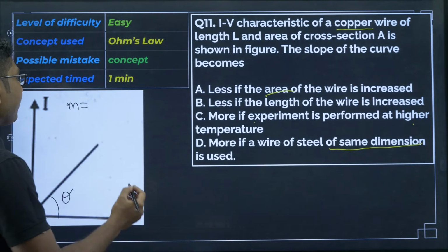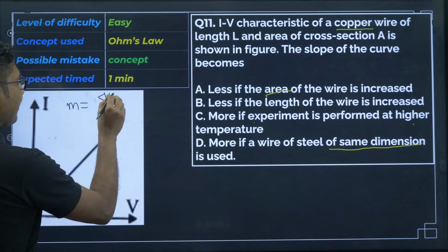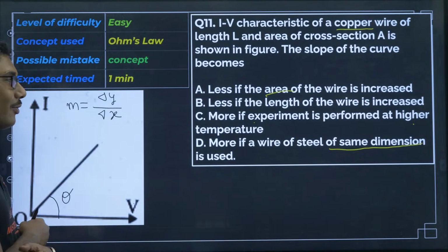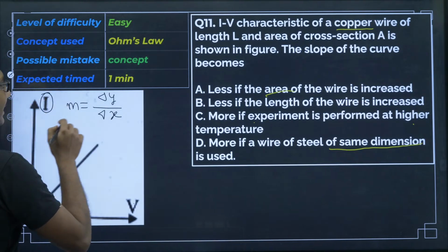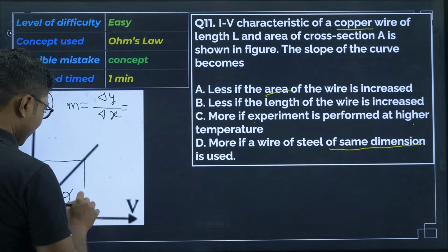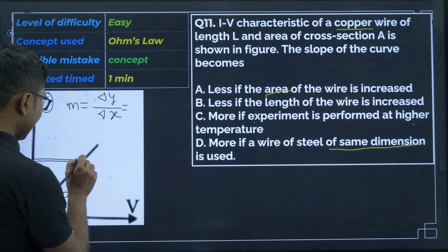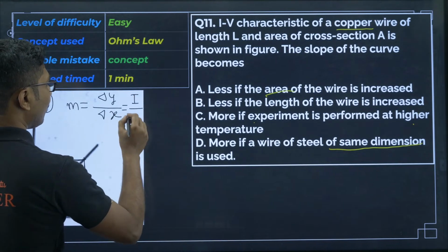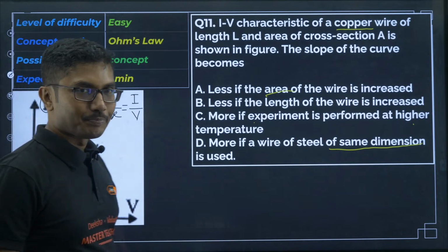There are 2 ways we represent slope. One is delta y by delta x. In this case, what is delta y? Because it's a straight line, you don't need to do the delta thing. You can take any I and any V, and you can say my slope is I by V.